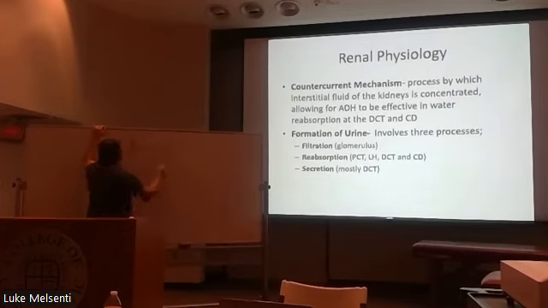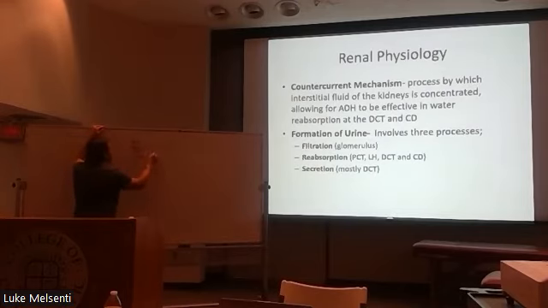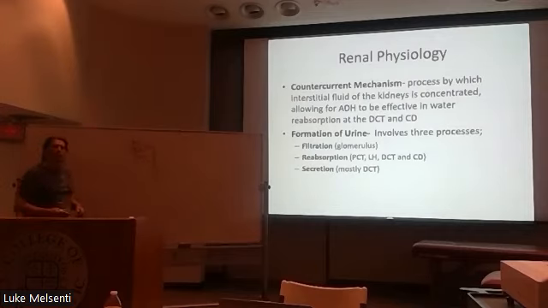So you have your proximal convoluted tubule, loop of Henle, distal convoluted tubule, collecting duct, glomerulus is here. What happens is, as the filtrate starts to go down in this direction, the peritubular capillaries are wrapped around this, and the blood is going this way. So the filtrate's going this way, and the blood is going this way: countercurrent.